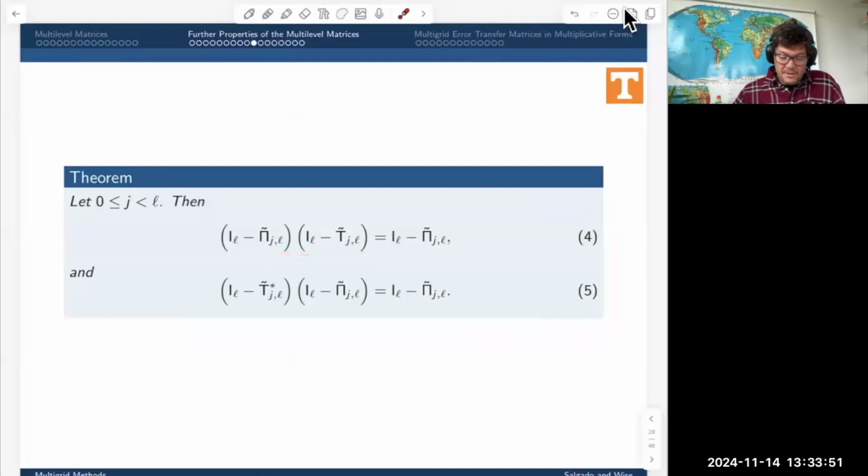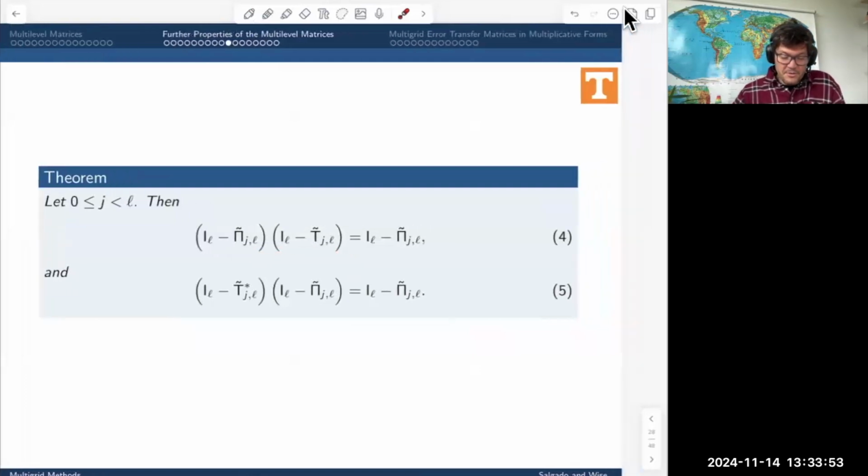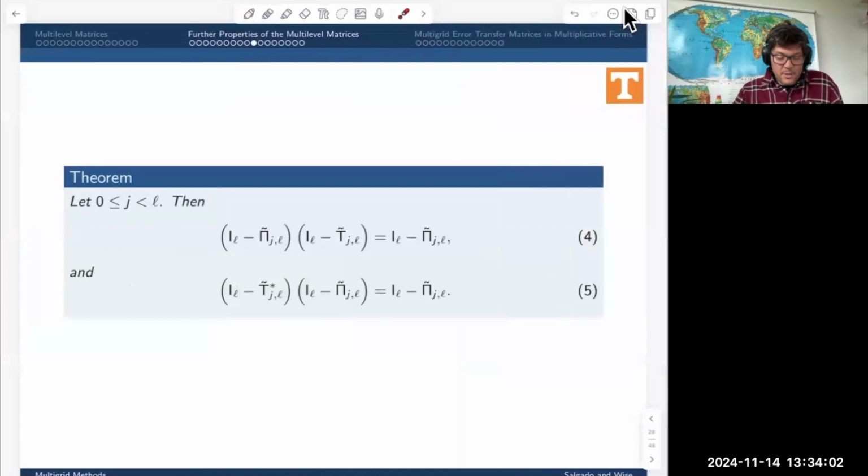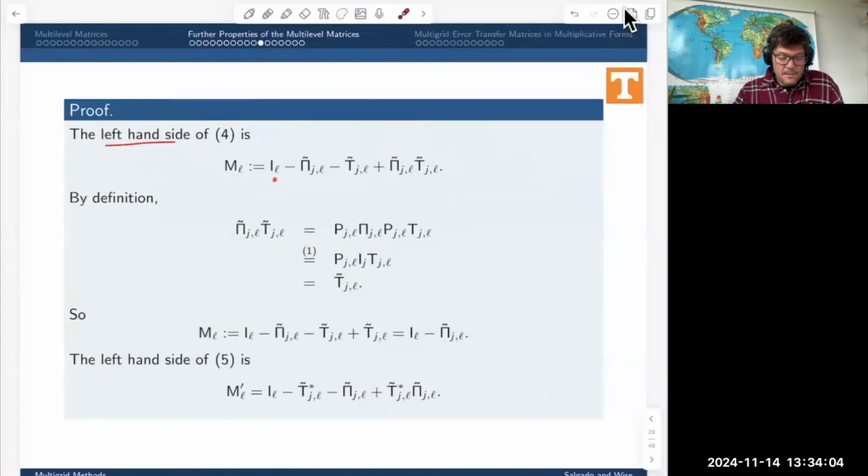We don't necessarily have commuting matrices. So if I'm correct, then the left-hand side of that thing we want to prove, 4, is just equal to I minus Pi_J^L tilde minus T_J^L tilde plus the product of those two matrices.